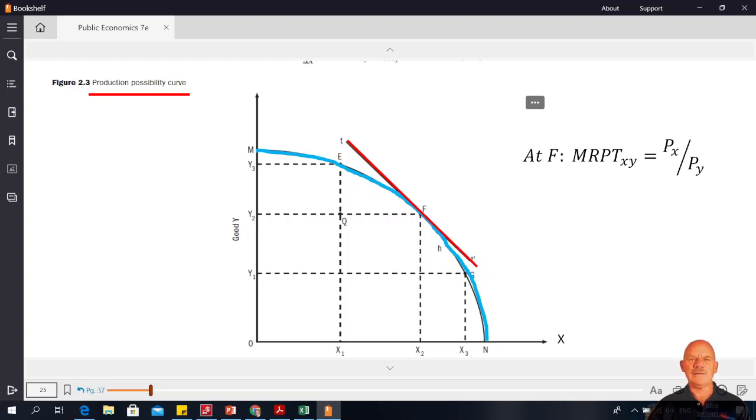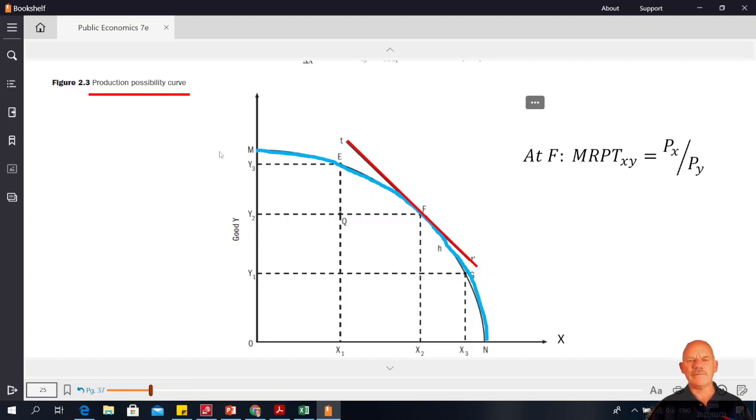So you can see where we are heading. From the consumer's point of view, the marginal rates of substitution are equal to that price ratio Px over Py. And from the producer's point of view, the marginal rate of product transformation is the rate at which you can change goods from X to Y. Let's say the producers want to go from point G, where they produce a lot of X and not so much of Y, to point F. Then they have to sacrifice X to get more Y. In order to produce more of one good, they have to produce less of another.